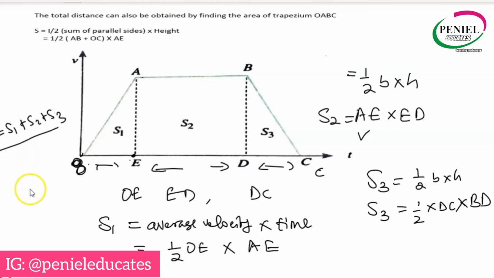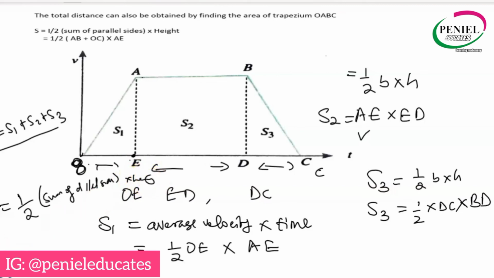Before then, we can also get the total distance by looking at the trapezium OABC. The formula to calculate the area of a trapezium is the sum of the parallel sides multiplied by height.